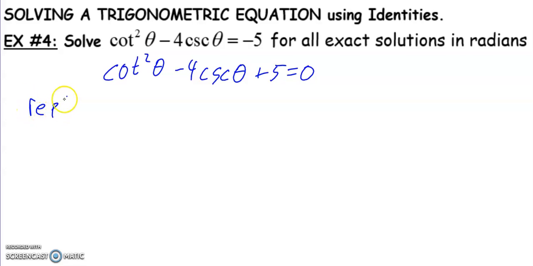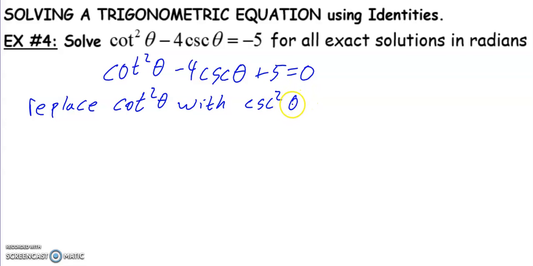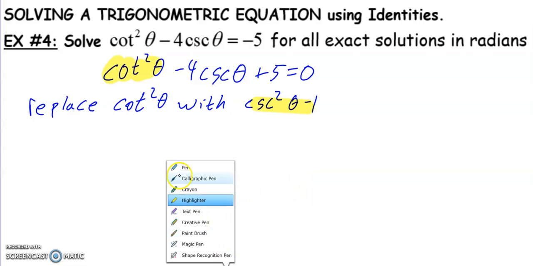So what I eventually ended up doing, and I think it works nicely, is replace cotangent squared theta with cosecant squared theta minus 1. So I'm going to take this out of my equation and put this in its place.